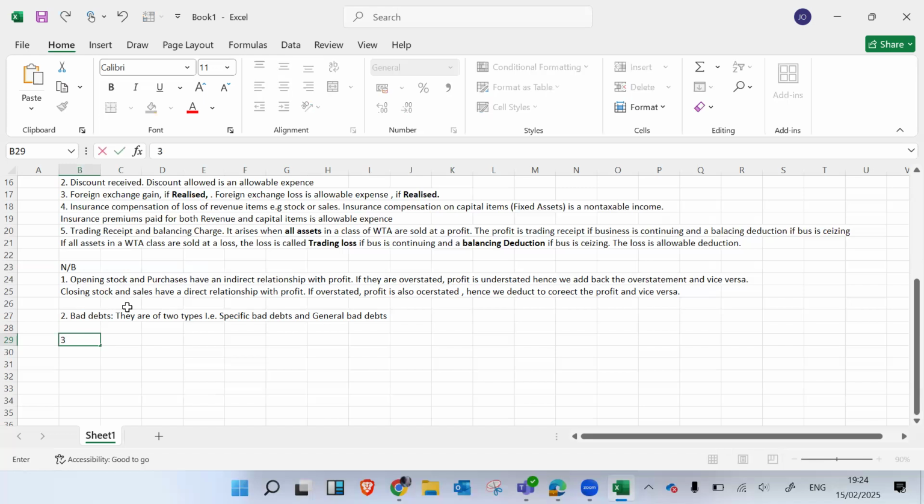Point note number 3. All provisions are disallowable expenses except provision for specific bad debts.